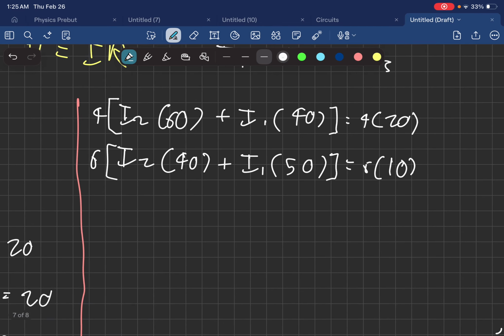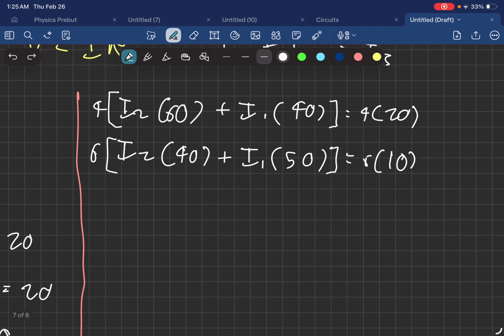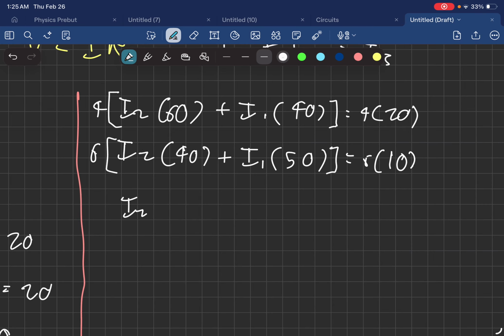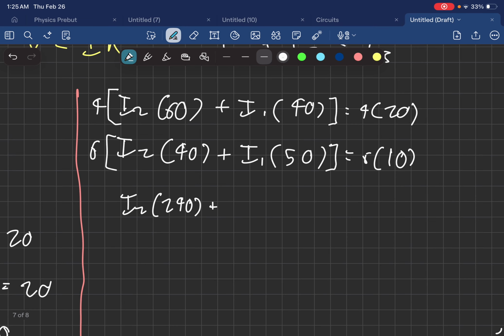So, we distribute. 4 times 60 is 240 I2, plus 40 times 4 is 160, is equal to 4 times 20 is 80.